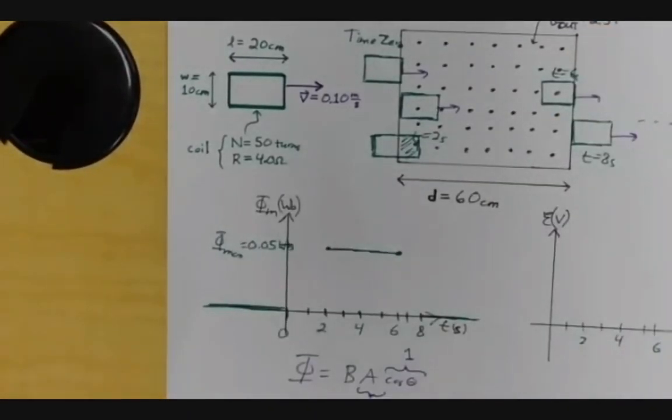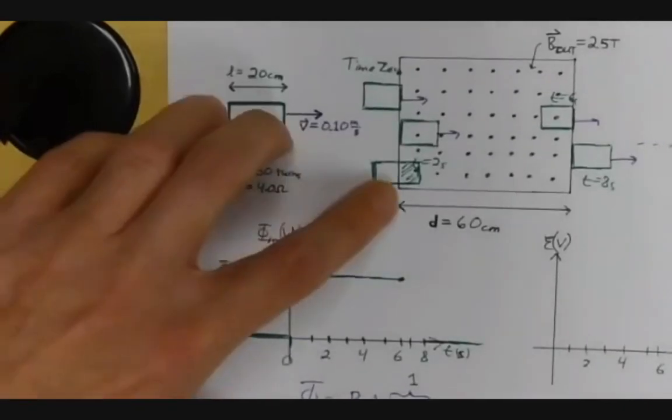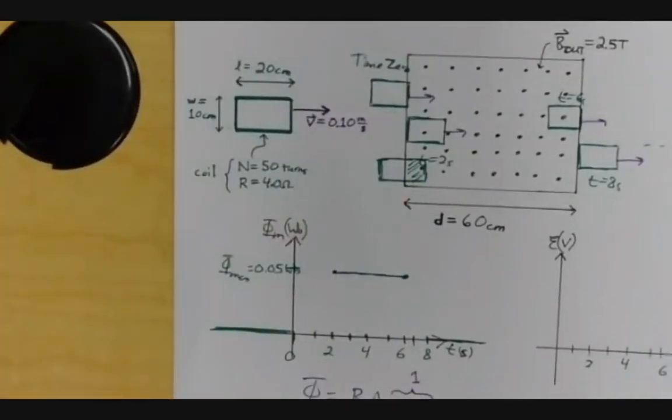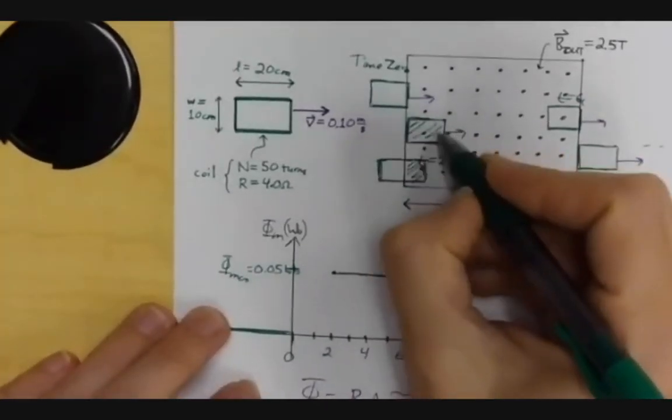So now we can work this out. Basically, what's going to happen over the 0 to 2 second interval of time? It's going to linearly increase. Every little delta t that goes by, we've added another uniform little sliver of area to the inside of the loop, inside of the field panel.